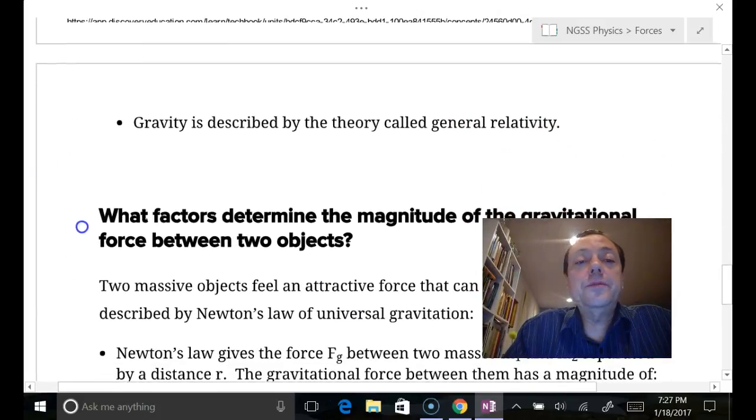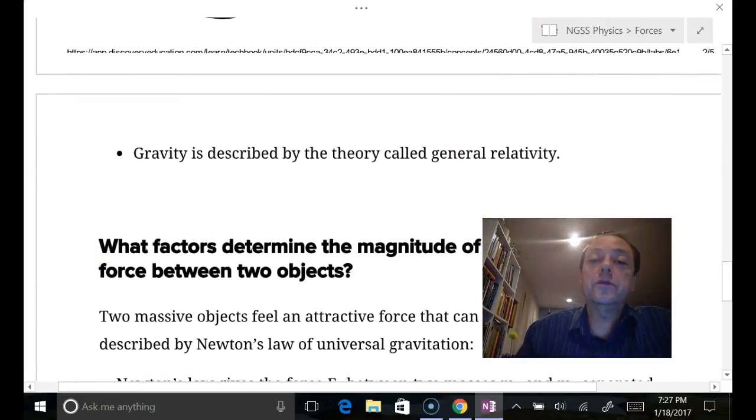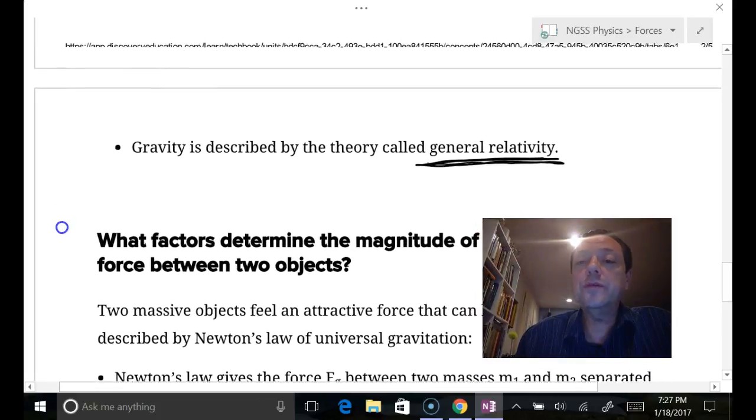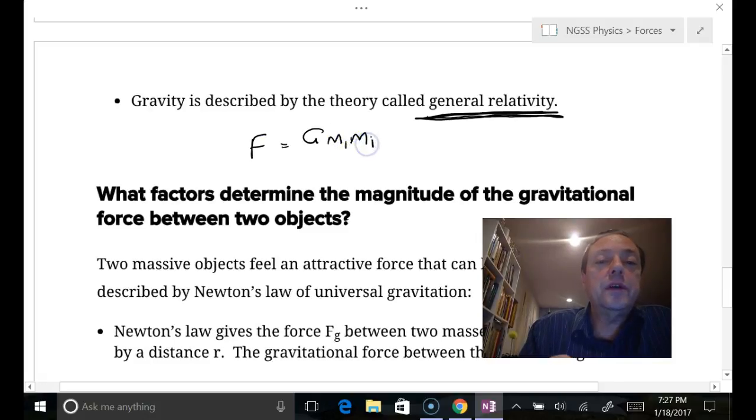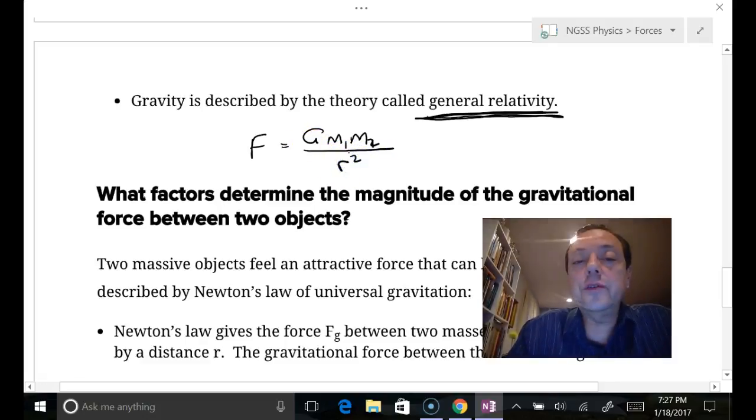Gravity is described in the theory called General Relativity. Although we won't go there, we're going to use Newton's somewhat more primitive idea of universal gravitation. That will go something like universal gravitational constant times the product of the masses divided by the distance separating the centers of the masses squared.